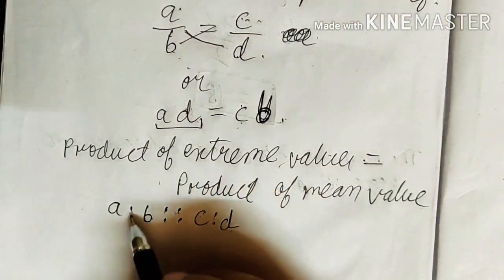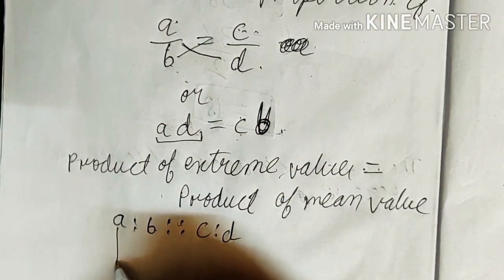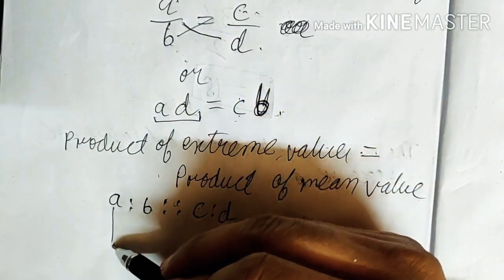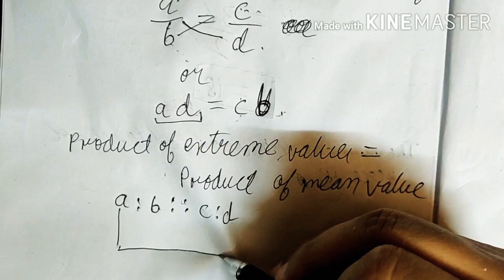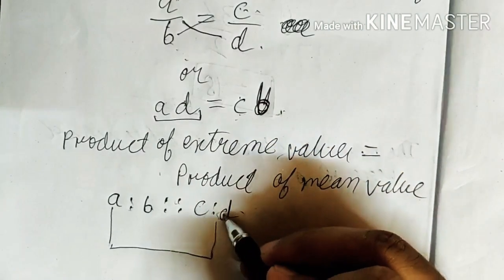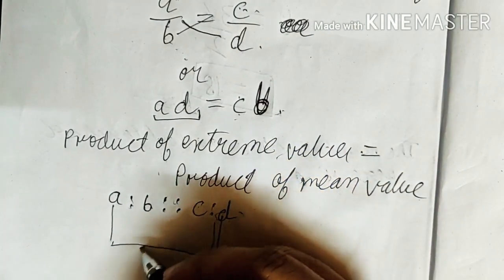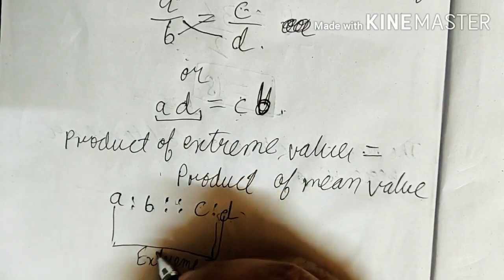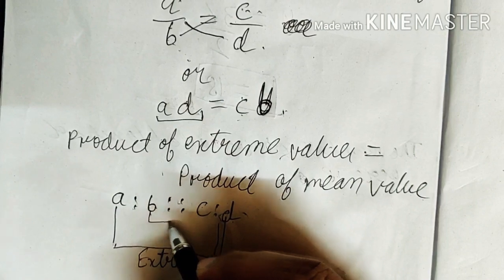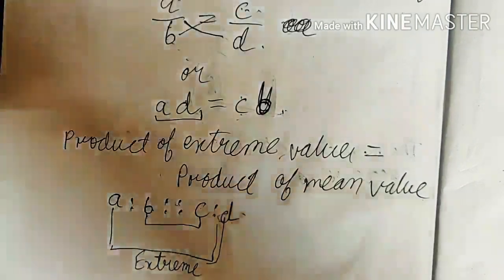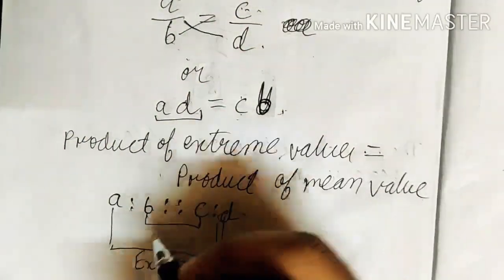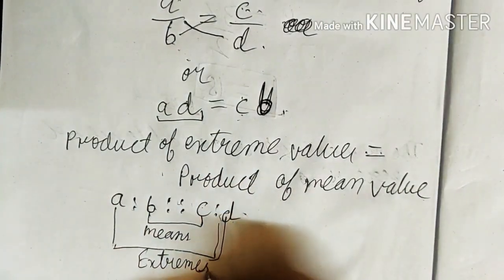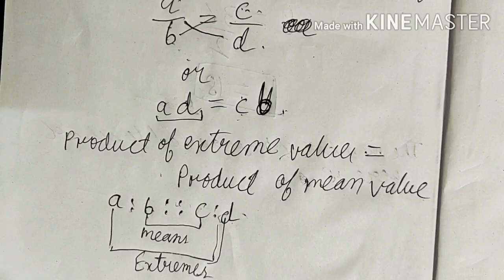Okay, if we see here, A and D are written at the extreme ends, so these are extreme values. Here B and C are written in the middle, so these are called means. These are extremes and these are means.